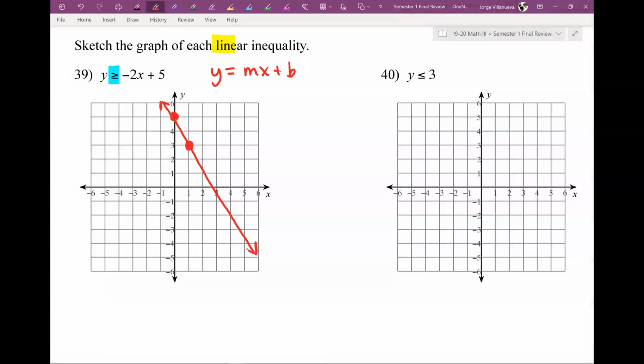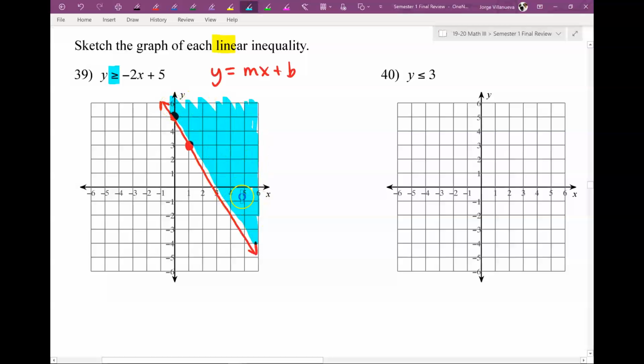Okay? And then I have to shade this stuff in. And the way I know whether to shade it above or below is based on if it says greater than, meaning up, or less than, meaning down. So mine says greater than or equal to. So I'm just going to shade everything above it.